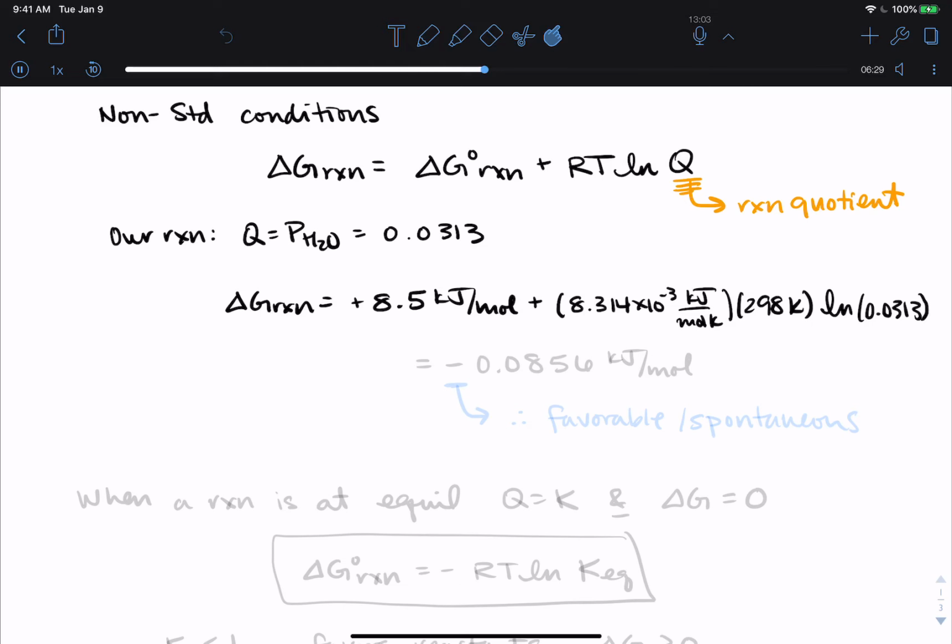So this, in the end, gives you negative 0.0856 kilojoules per mole. So not by very much, but we did get a negative value. Therefore, under the non-standard conditions that this is actually operating, this is a favorable or spontaneous process.